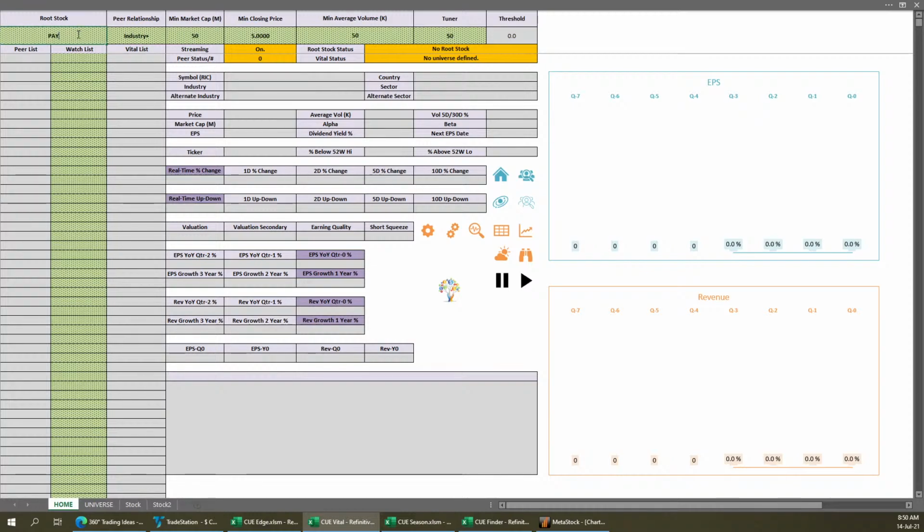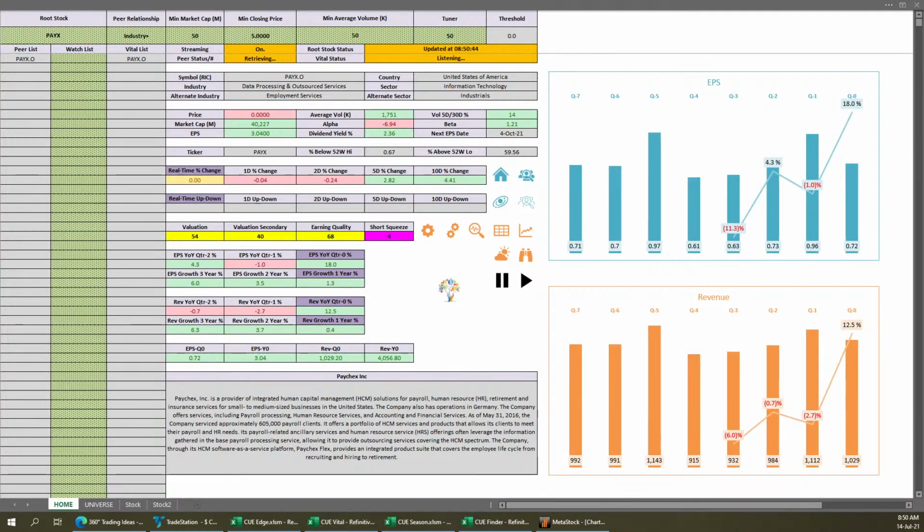Let's look at QVital scorecard for Paychex. Medium valuation, some earnings growth, but not very high earnings growth.